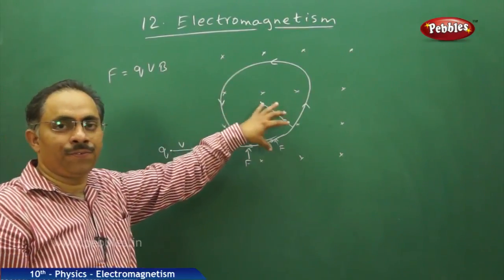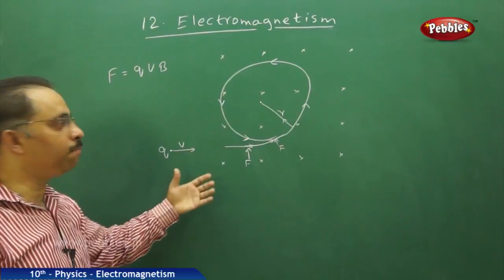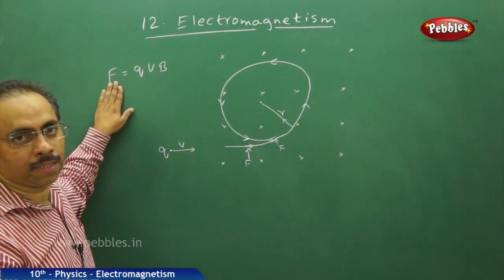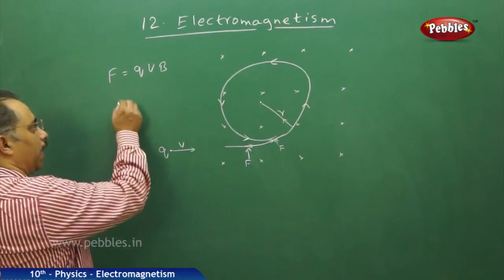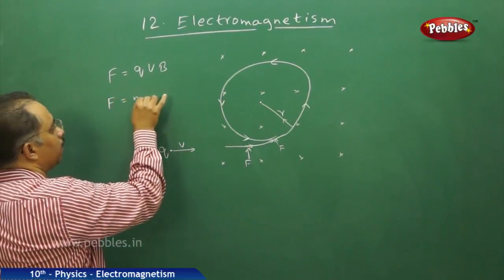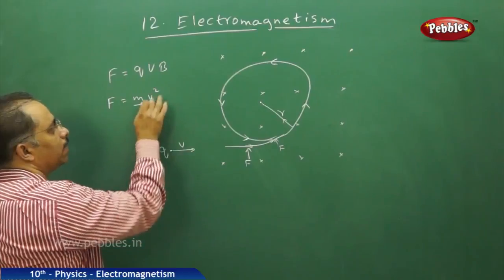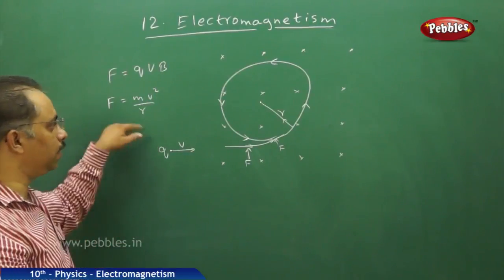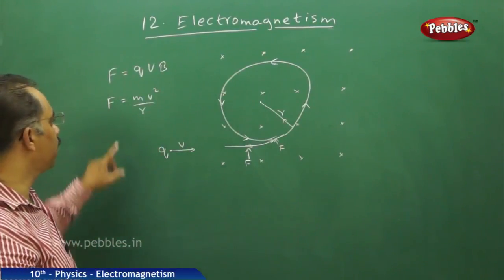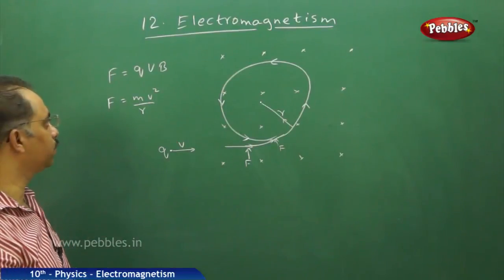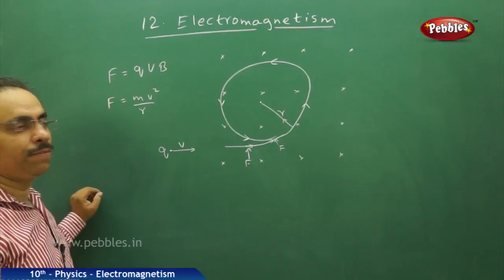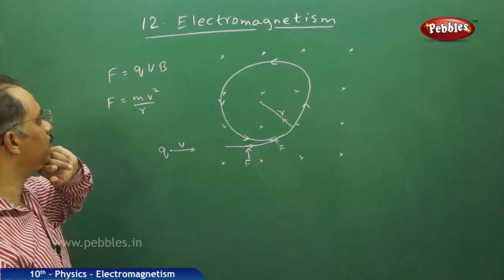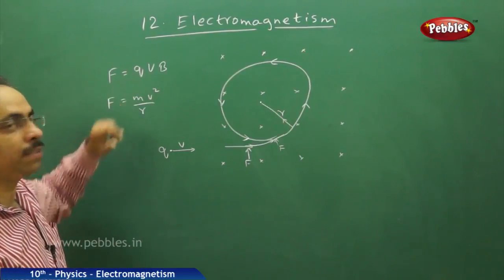This centripetal force is given by the force on the charged particle because of the magnetic field. The expression for the centripetal force is mv square by r. v is the magnitude of the velocity with which it is rotating now, and r is the radius of the circular path. These two are equal. Now from equating these two, we will be able to calculate the radius or the velocity.